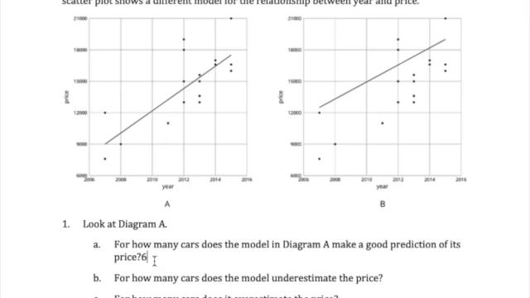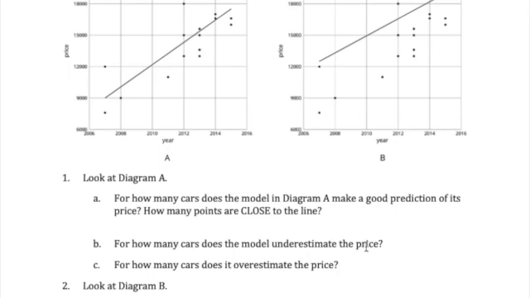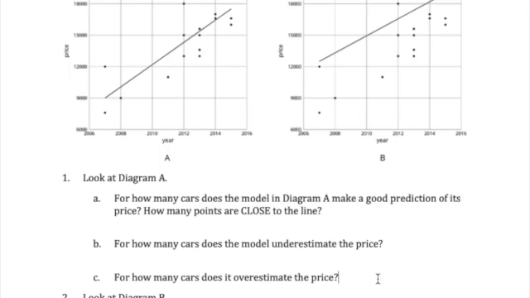So for how many cars does the model in diagram A make a good prediction? A good prediction is basically how many points are close to the line. I'm going to count those. And then how many cars does it underestimate and how many cars does it overestimate?